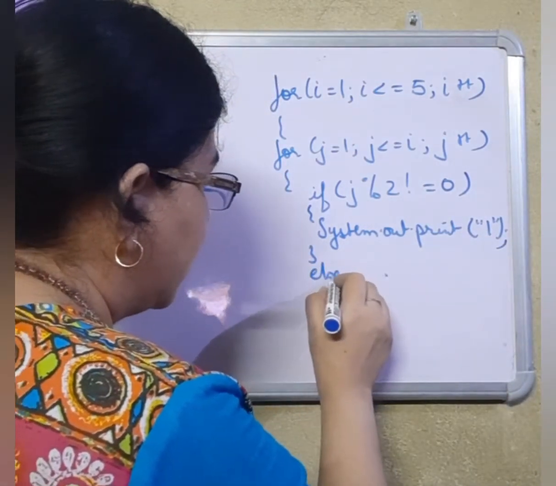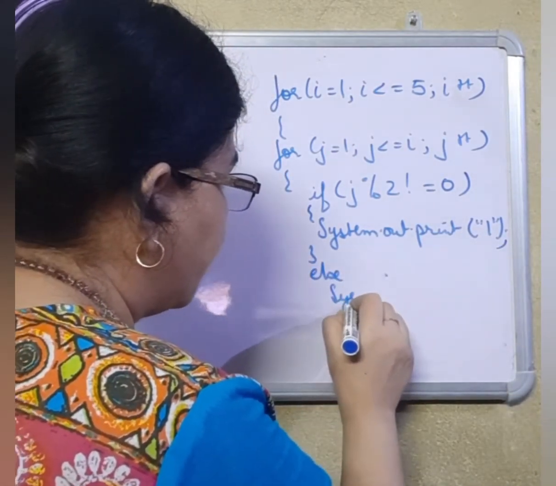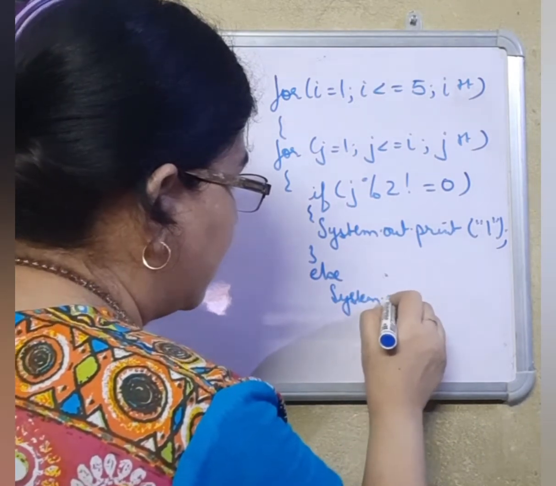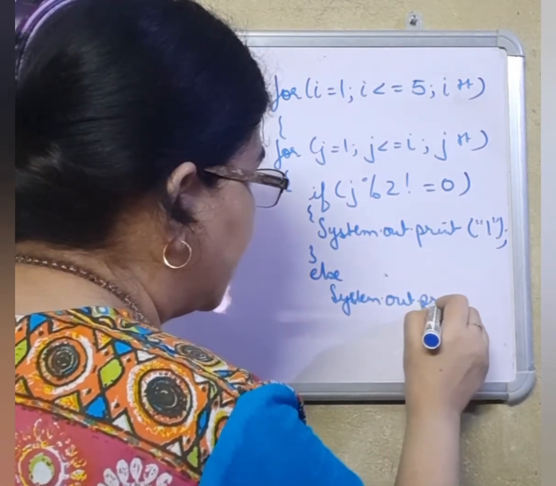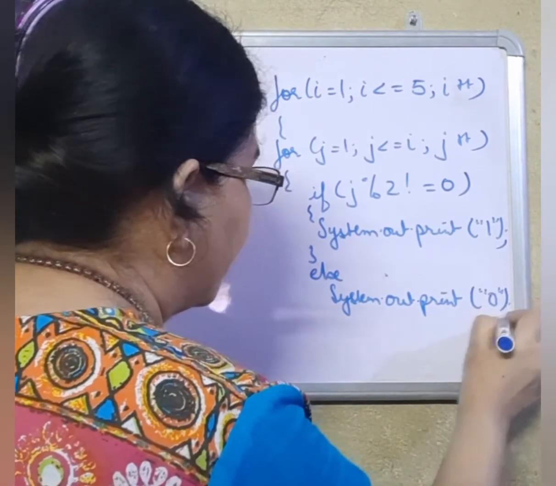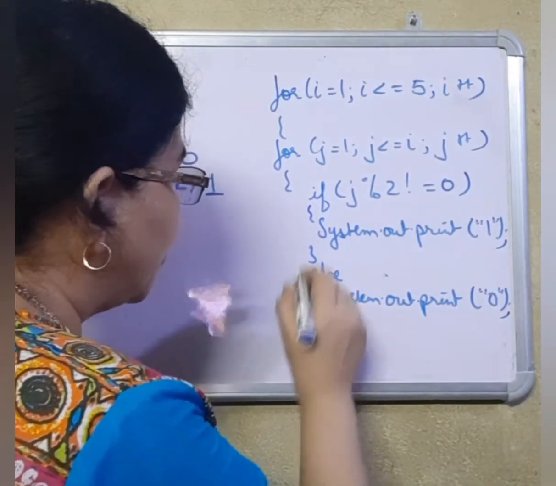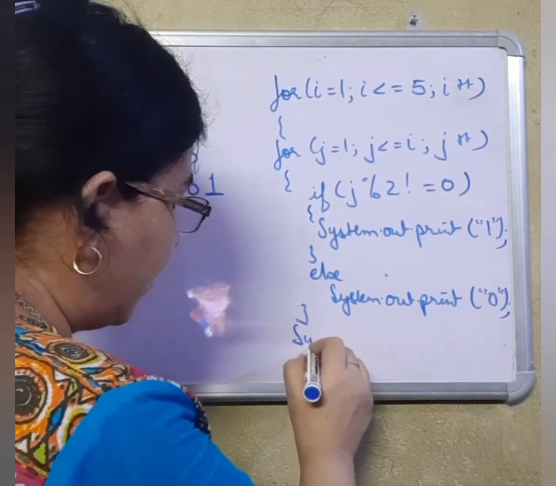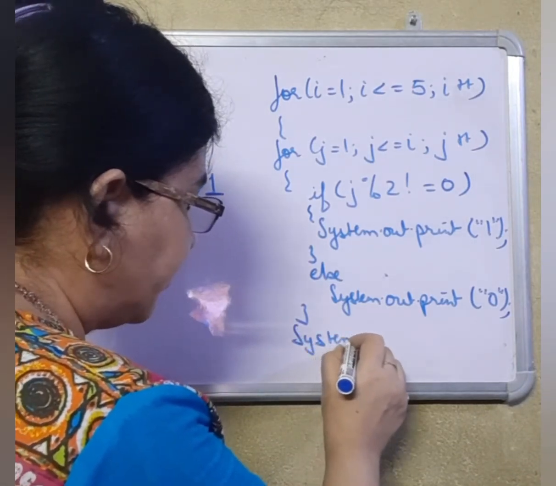Else, system.out.print has to print 0. J loop closing. Then we'll go to the next line.